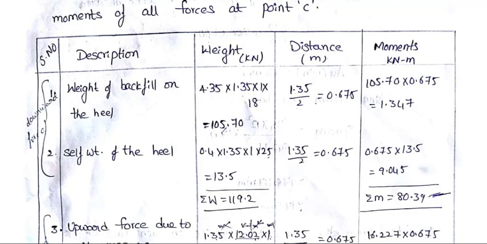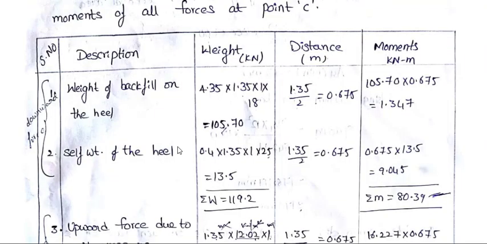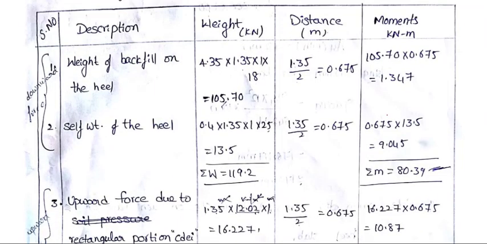Next, distance. You are taking distance about this point. So what is the distance? 1.35 by 2, because up to here only you are going to design. Next, load into distance, you will get the moment.